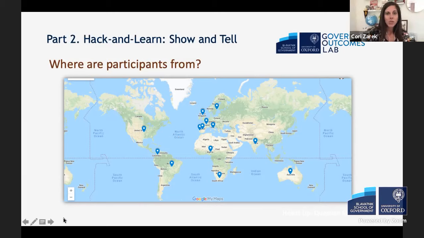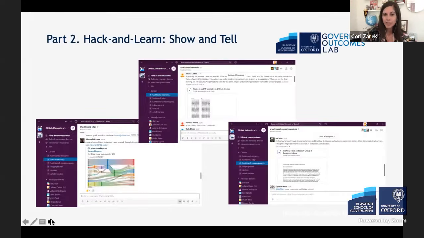So for the past week, these 3 different teams that you've heard about have been hacking away and using their different skills and insights to generate some visualizations that will provide all of us with powerful insights on the work. They've been collaborating from 13 different countries and more than 10 different time zones, which is amazing. The Go Lab has been supporting them all along the way and has provided a Slack channel where they're sharing code, collaborating on visualizations, and having a good time getting to know each other.